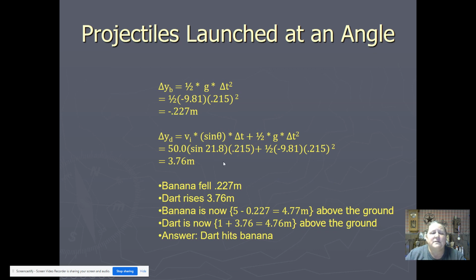The dart, okay, we figured out that it was going to hit something at 3.76 meters. The banana fell this far. The dart rises this much. The banana is this much above the ground. The dart is this much above the ground. So the dart hits the banana.